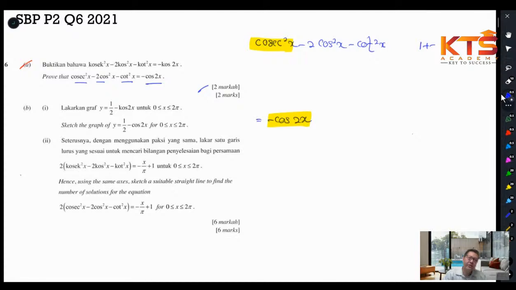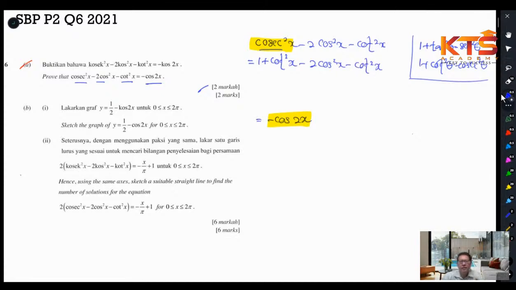1 plus tangent square is secant square. 1 plus cotangent square is cosecant square. Okay. So cosecant square equals to 1 plus cotangent square x minus 2 cos square x minus cotangent square x.